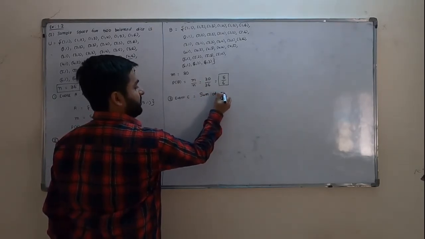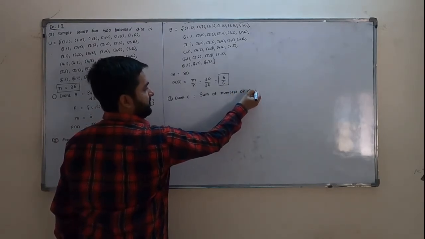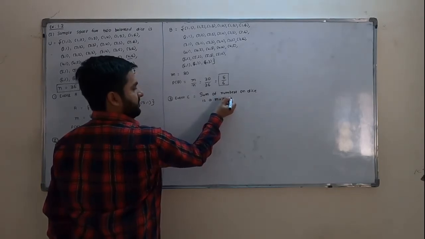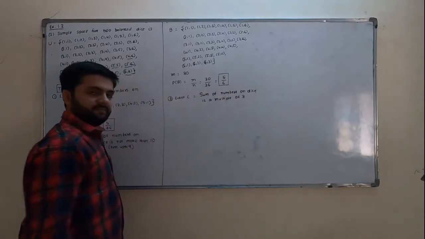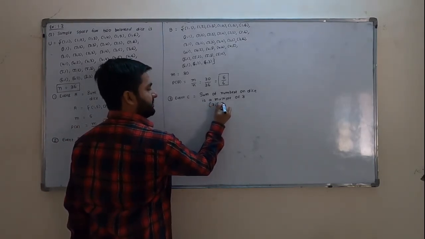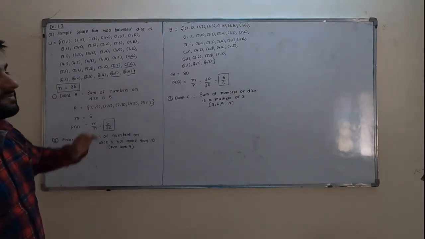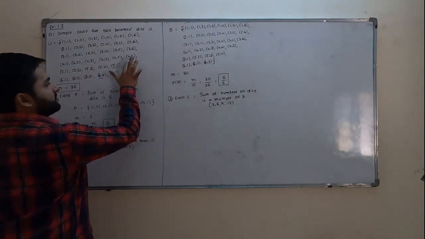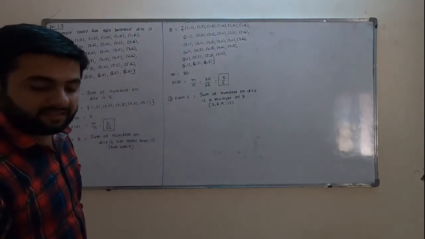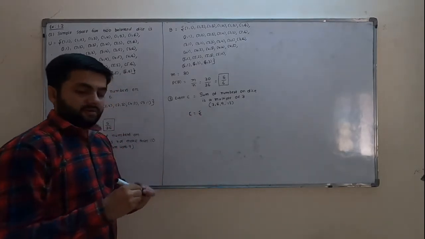So multiples of 3 are 3, 6, 9 and 12. Till 12 is the range, because the maximum sum here is 12. So where the sum is 3, where the sum is 6, where the sum is 9 and where the sum is 12, we have to see those elements.